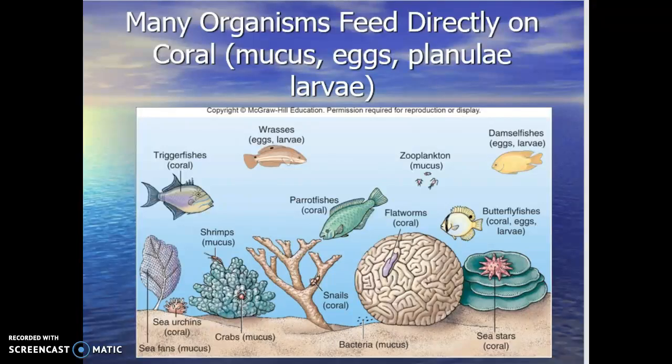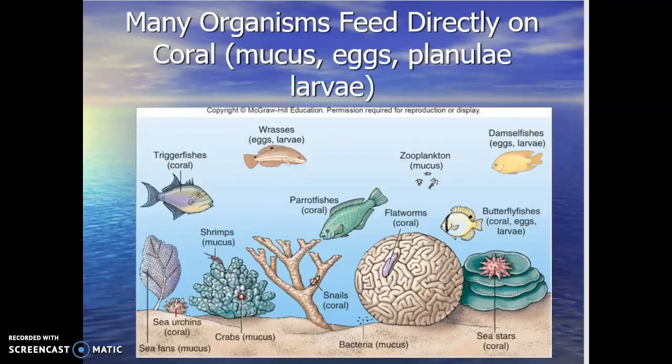And you guys scratch your head and wonder, good Lord, how do corals manage to survive and maintain their growth and stability? It's just part of the reef ecosystem. So all these animals pictured here, damselfish, butterfly fish, parrotfish, worms, wrasses, shrimp, urchins, etc., all these things feed upon corals. So there's a lot of predation on corals.